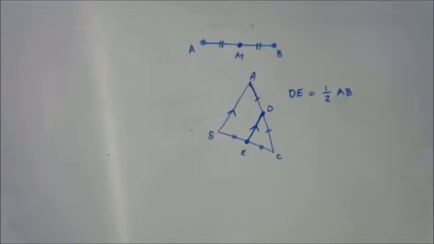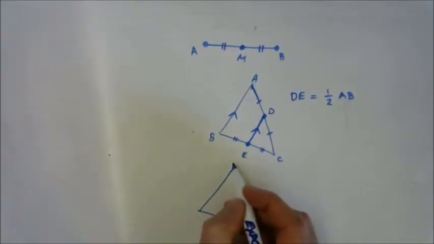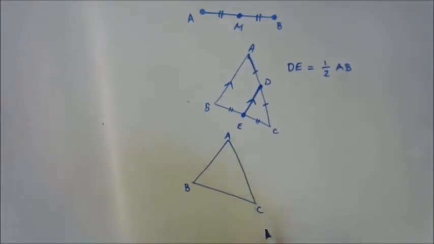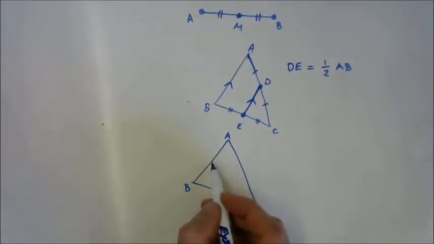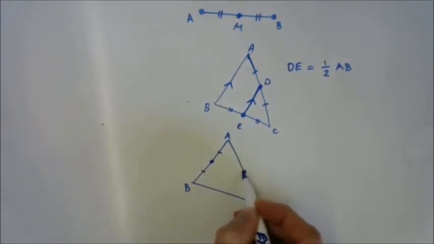Next box. The height of the triangle formed by the line segment joining midpoints is... So again, we can draw any triangle. We can call that triangle A, B, C. And we have the same thing. We have the line segment joining two midpoints. So let's give a midpoint here and a midpoint here.